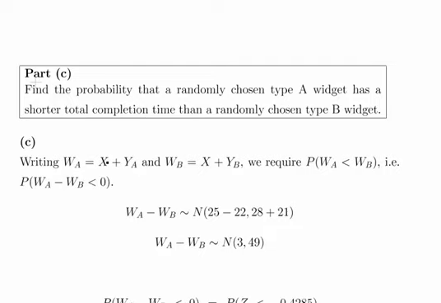So it's WA, total time for a widget type A, WB, total time for a widget type B. Again, it's a variation of what we've just done before, but we're looking at the total times here, so essentially doing things the same way. Total time here, WA minus WB. The mean there is 3 and the variance is 49. Okay, so this is coming from this part here.